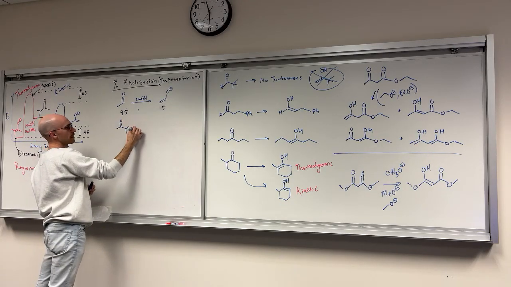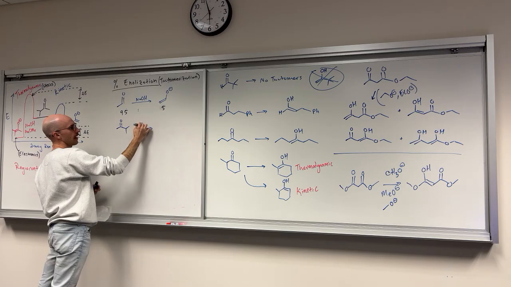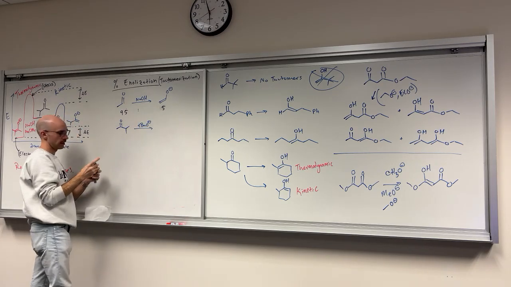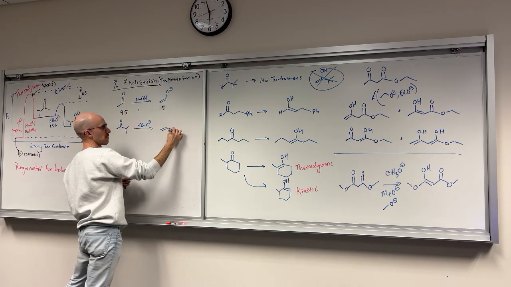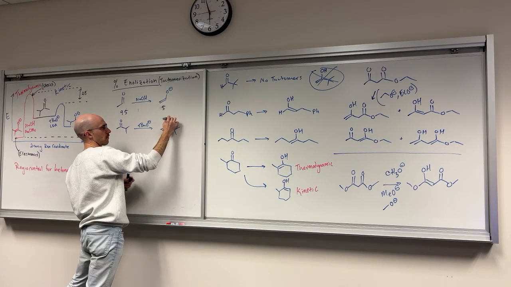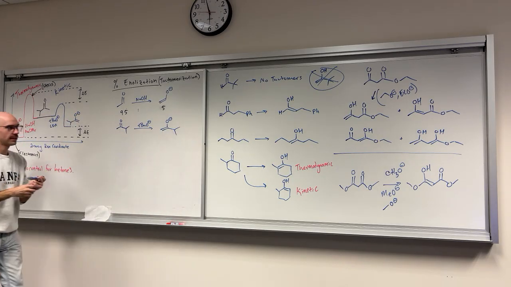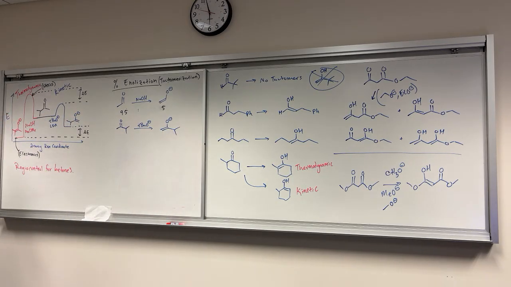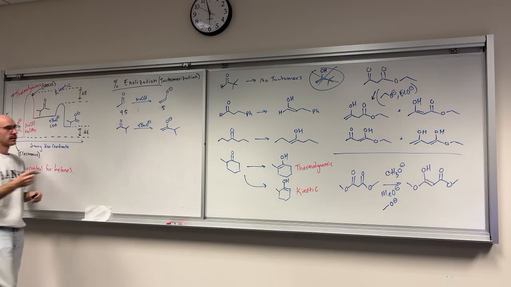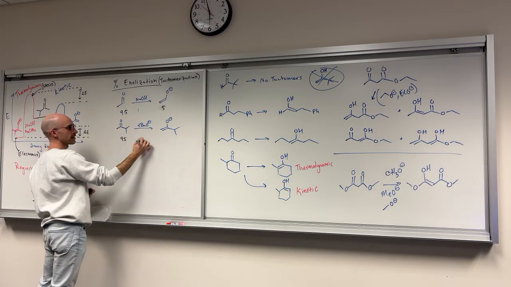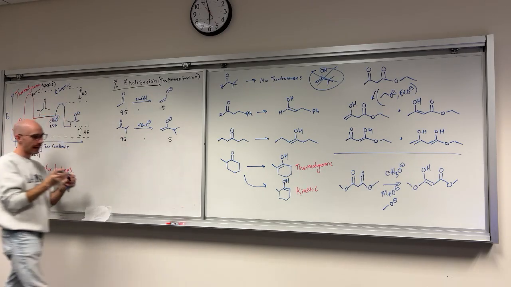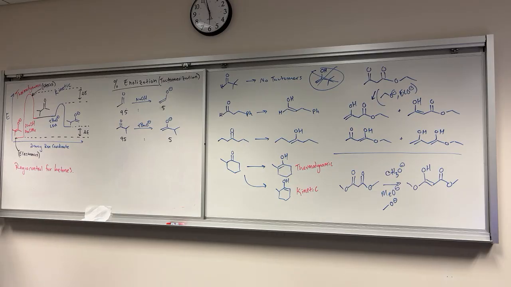Let's take this same ketone and let's look at tert-butoxide. Tert-butoxide, although it gives us regio control, it also gives us this 95 to 5 enolization. So you can put an H on the top.